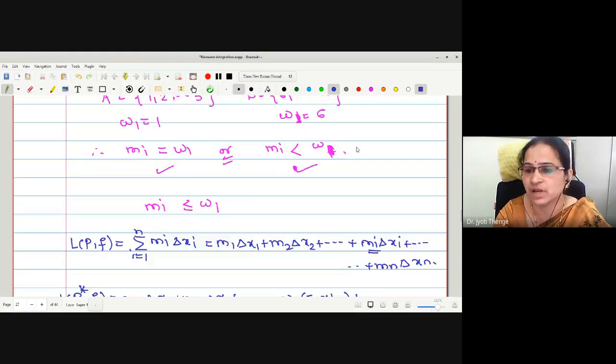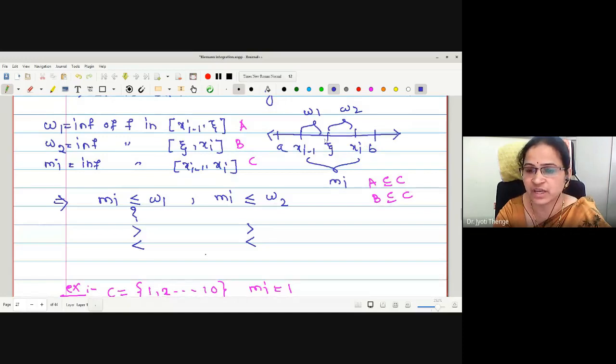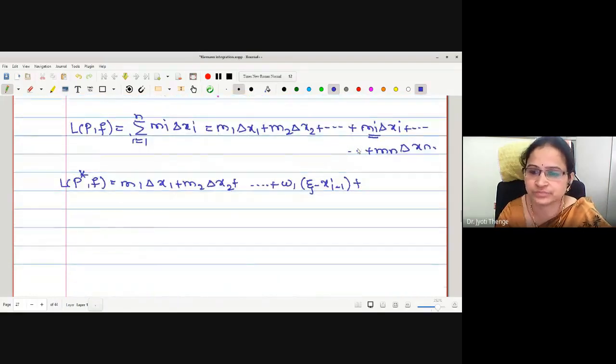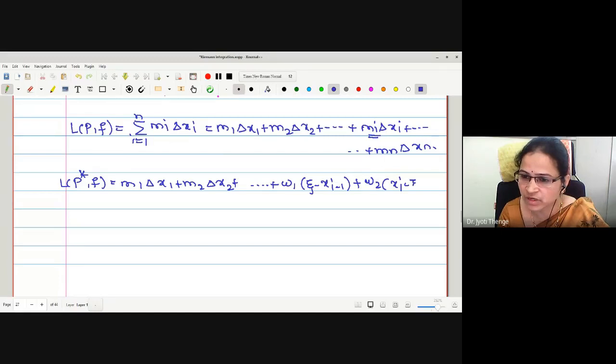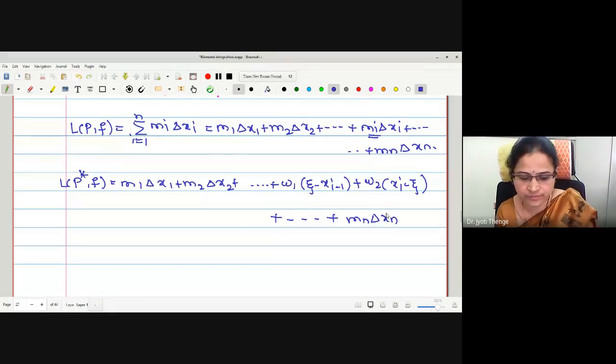Similarly, what is the second subinterval? Zeta to Xi. What is the infimum we have written? W2. Therefore, this is W2 into the length of the subinterval, that is Xi minus zeta. This is W2 into Xi minus zeta, and the remaining as it is, up to Mn delta Xn. Is that okay?